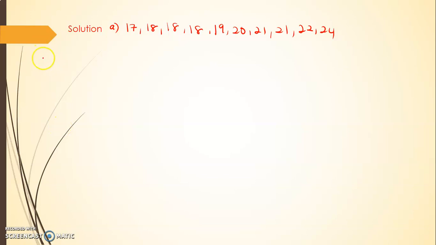Next step, find the position of Q1, Q3, and median. The position of Q1 is (n plus 1) over 4, so (10 plus 1) over 4, which is 11 over 4. So the position of Q1 is 2.75.